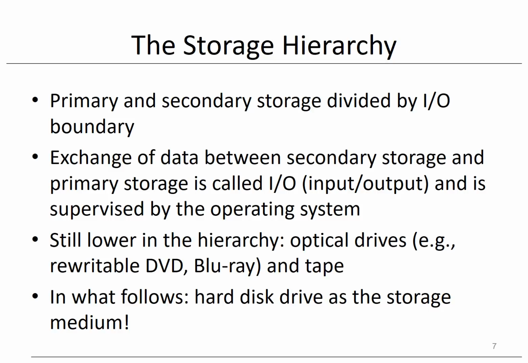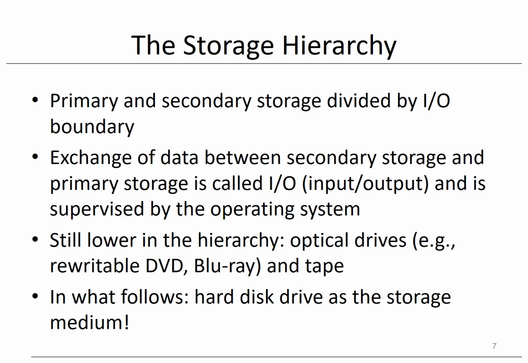The exchange of data between secondary storage and primary storage is called I/O, input-output, and is supervised by the operating system. The operating system signals when the I/O task is completed, such that the CPU can continue processing the data.